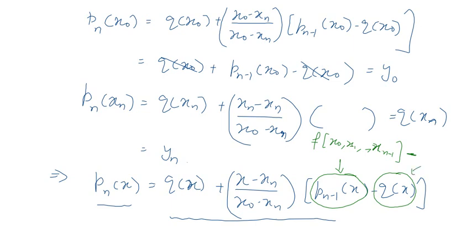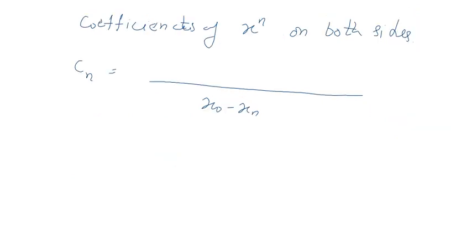So this interpolates the data x1 to xn, so that is equal to f of x1 to xn. So this implies this is equal to f of x0, x1 and so on to xn minus 1 minus f of x1, x2 and so on to xn.